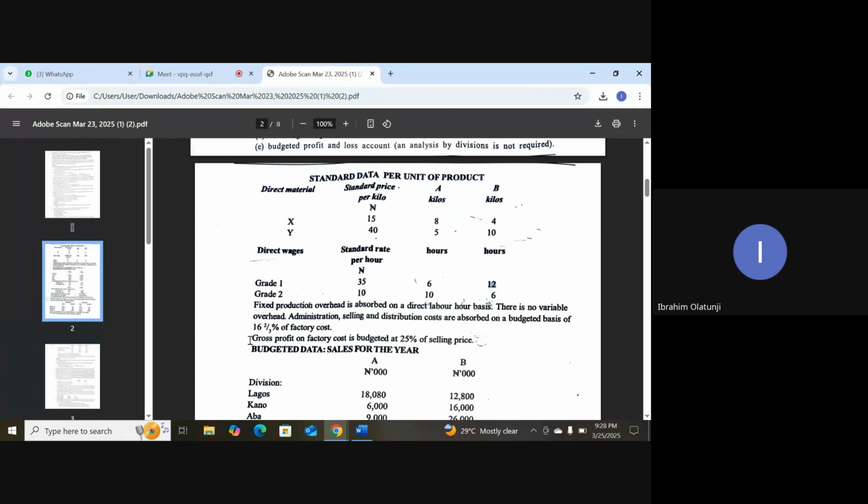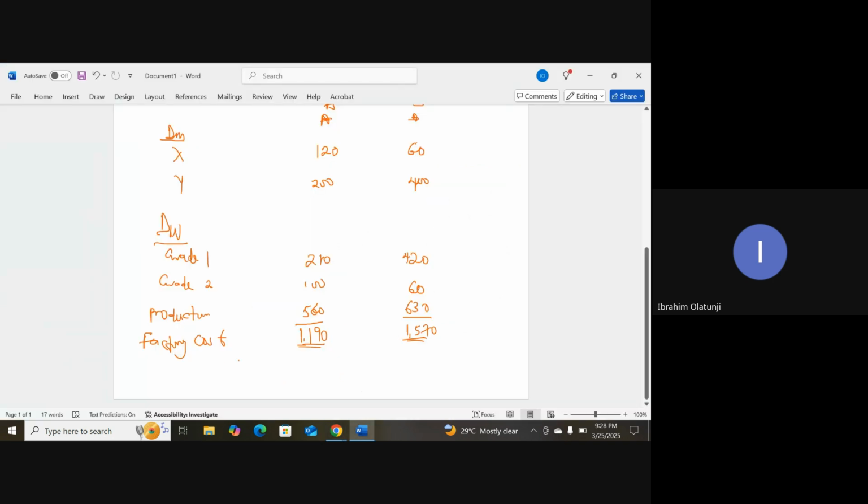It means that out of 100, if gross profit takes 25%, then the selling price will be 75%. That is, gross profit on factory cost is budgeted at 25%.